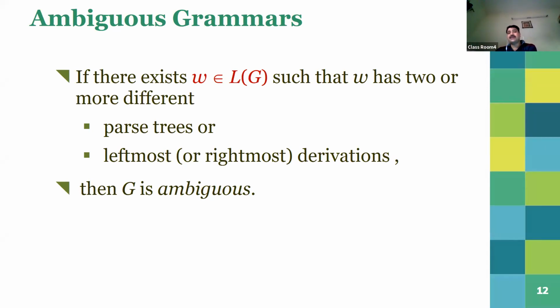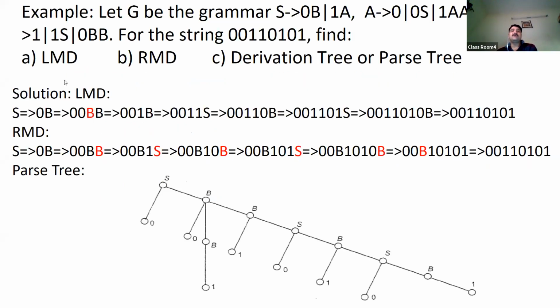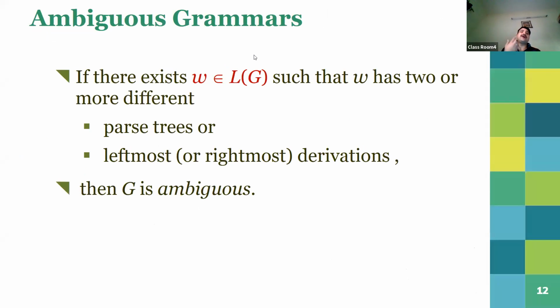In the first case, we design the parse trees, or find two leftmost derivations or two rightmost derivations in the same fashion. But if the string is not given, you have to assume a string and then calculate the leftmost and rightmost derivations. Are you getting this point? So there are two ways by which we can be asked about ambiguity.